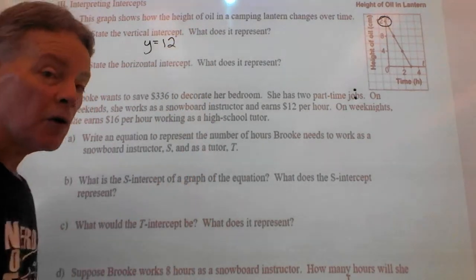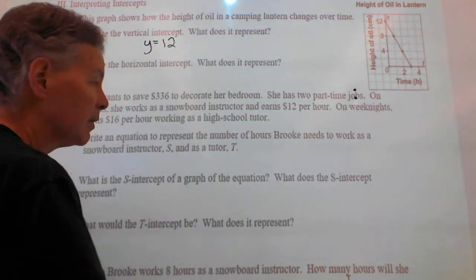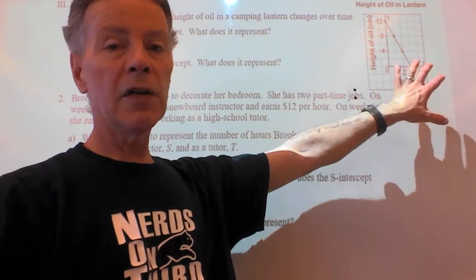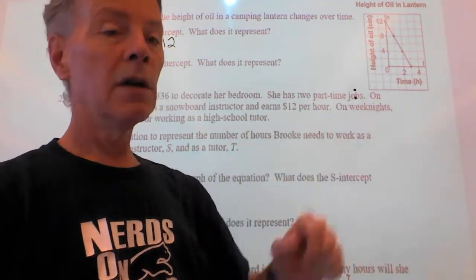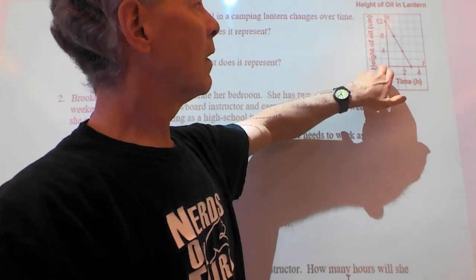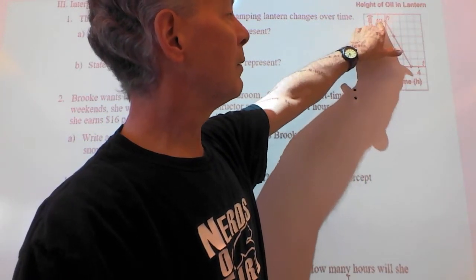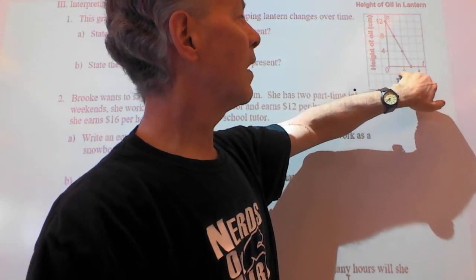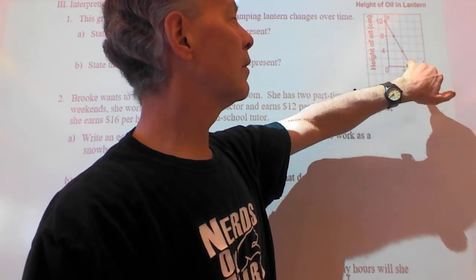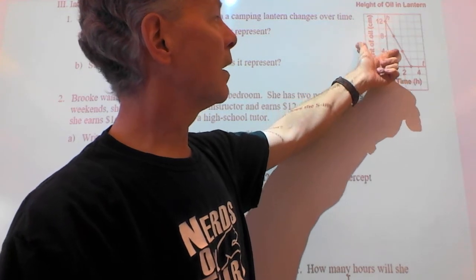Well, before you can say what it represents, we have to take a look at this and get an understanding of what's going on, right? So the title here is Height of Oil in a Lantern. The height of the oil at time 0 is 12 centimeters, and then as time progresses from 1 to 2 to 3 hours, the height of oil in the lantern goes down.